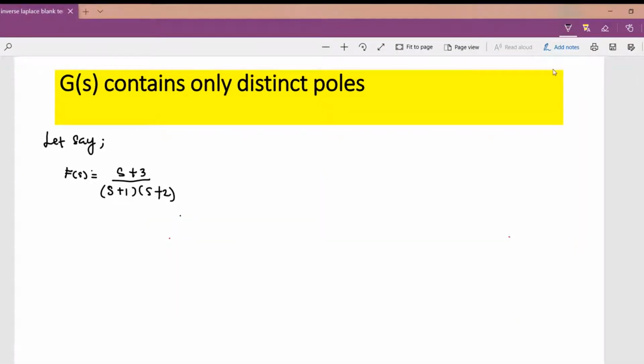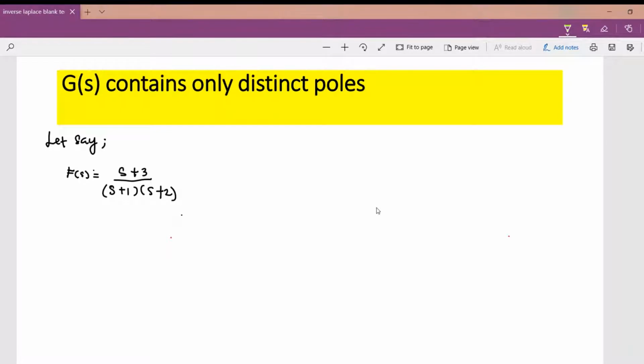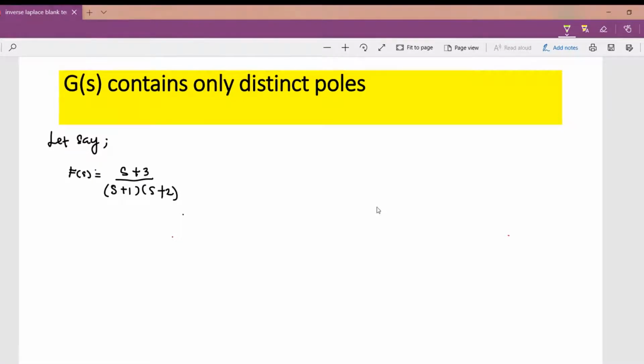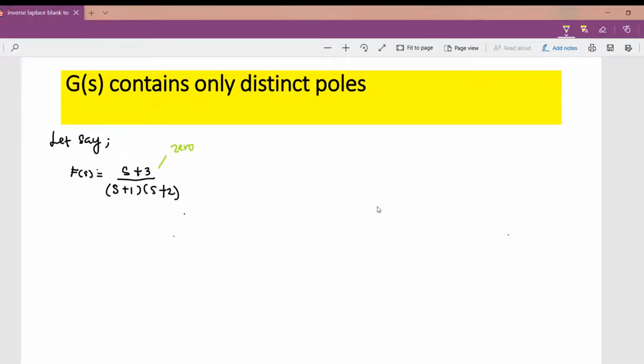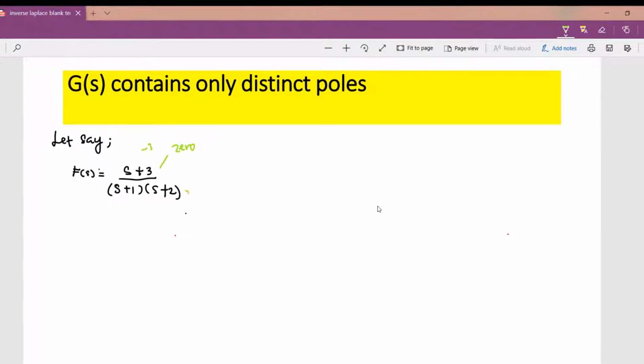So the first criterion is when G(s) contains only distinct poles. Let's say this is the example of the transfer function. The numerator at the upside gives the zero, so the zero in this question is equal to negative 3. The denominator gives the poles.